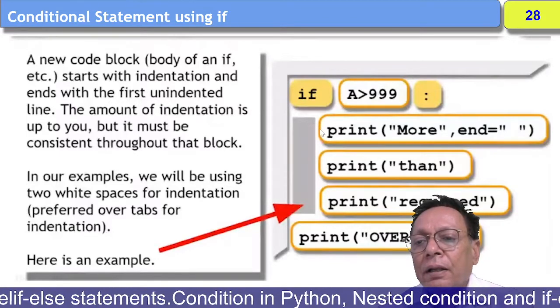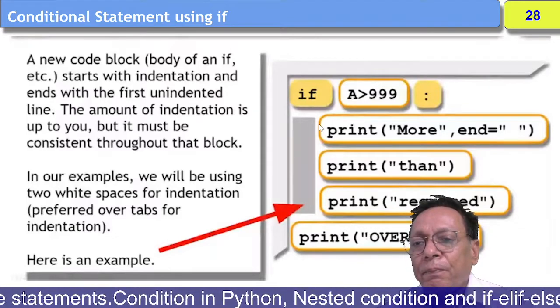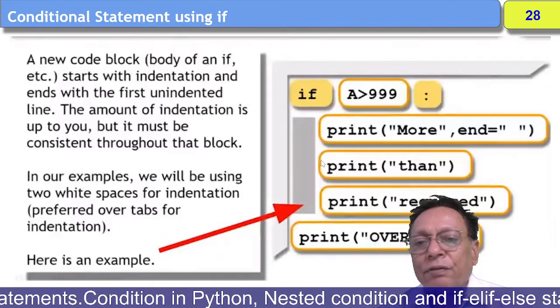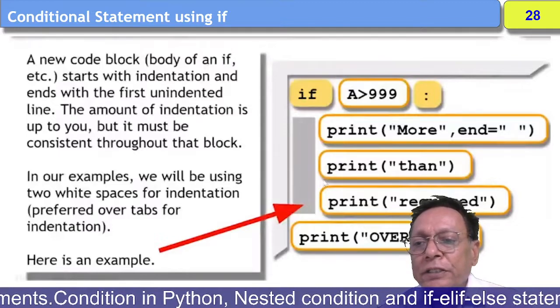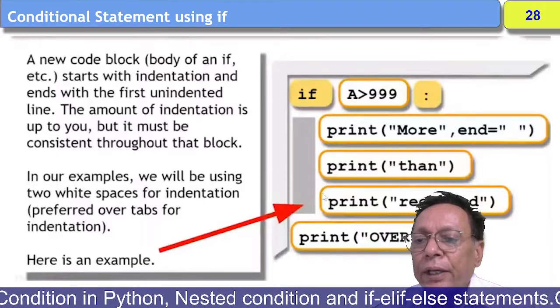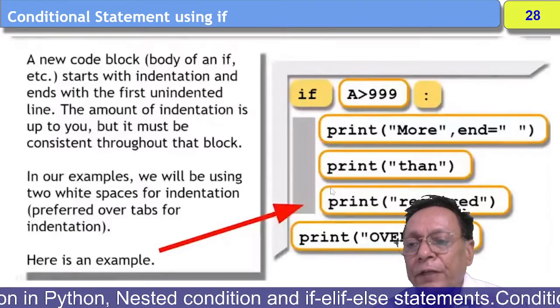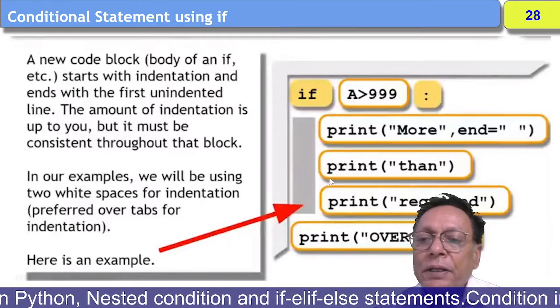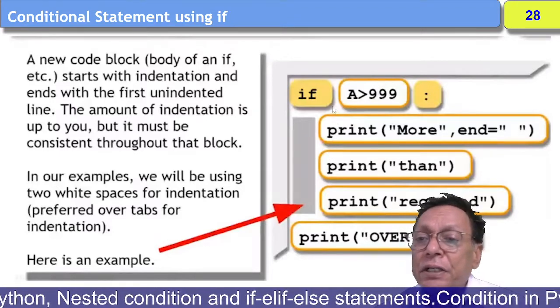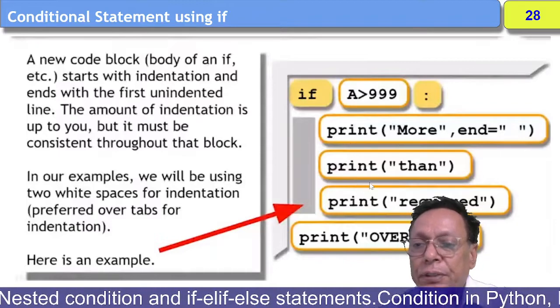This statement begins from this indentation, this statement begins from this indentation, this statement begins from the same indentation. So here there are three statements which have been started from the same indentation. It means if this condition is satisfied or true, these three statements will be executed.